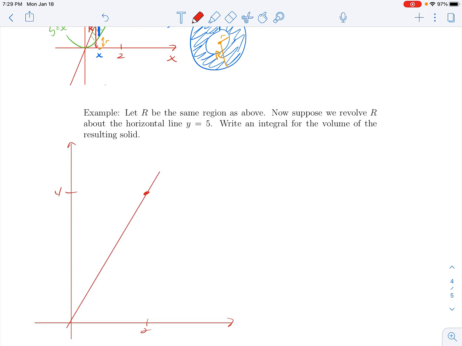So here's y equals 2x. And here's our parabola. Here's our region. And now, what if we revolve this around y equals 5?